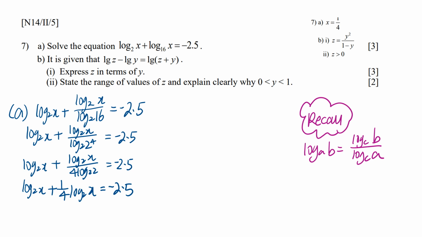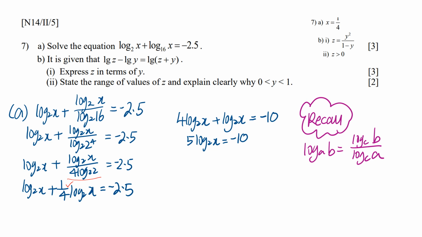Right, so from here, you will get log 2 base 2, which is 1. So this will give you log base 2 of x over 4, and you can write it as 1/4 log base 2 of x, which I have here. I need to erase this one because I need space for the solution later.